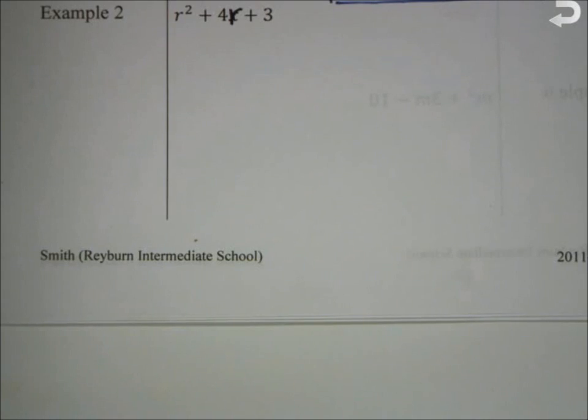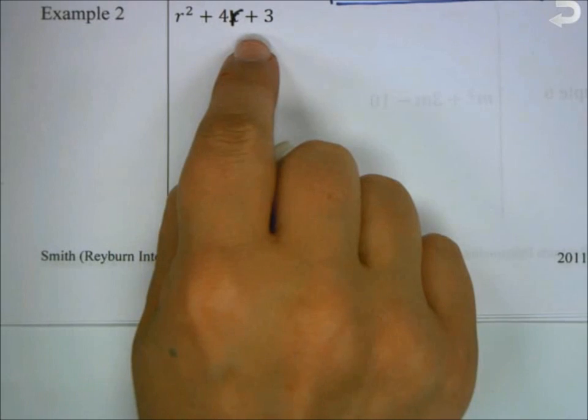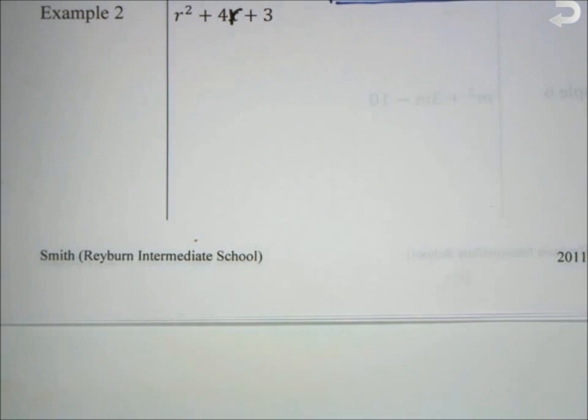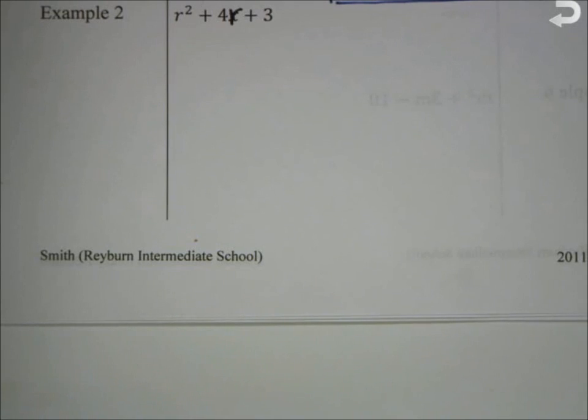First thing I am looking for is a GCF. It's an R, yeah, 4R. I had accidentally written X. Is there a GCF in here? No. Is it a difference of 2 squares? No. So we're going to use diamond method.